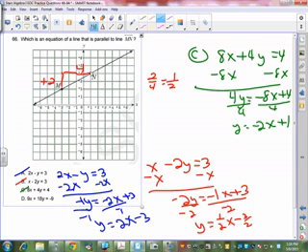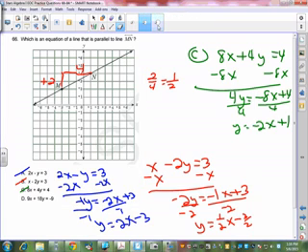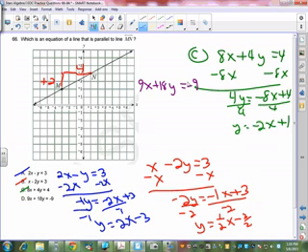I bet it's going to be D. I'm going to have to erase a little stuff to make room to work. 9x plus 18y equal to negative 9. Okay, you know what, I just realized I misread the question. All they want is a line parallel to it. That is it right there, positive 1/2 x.